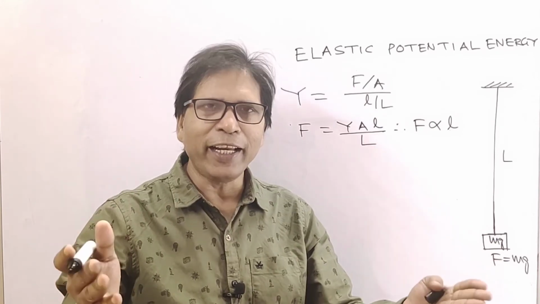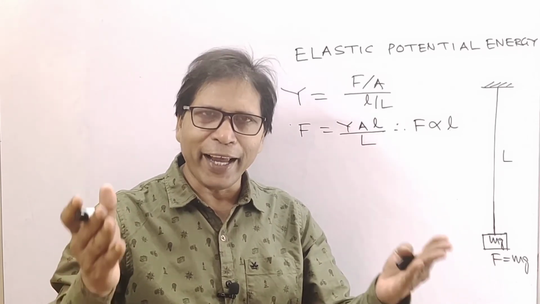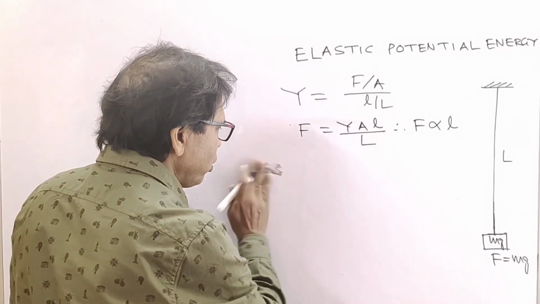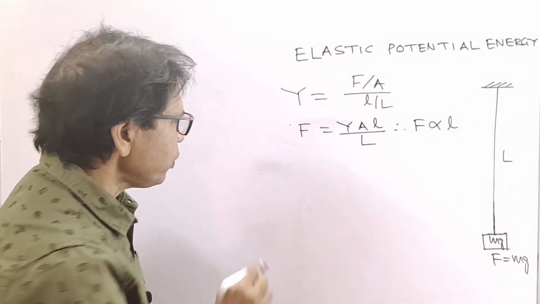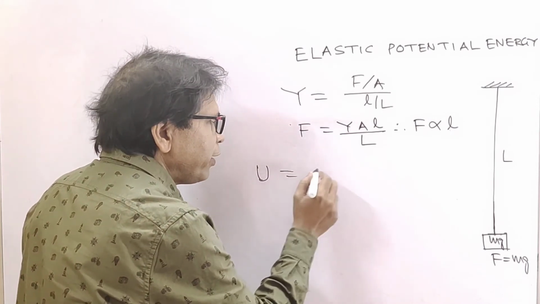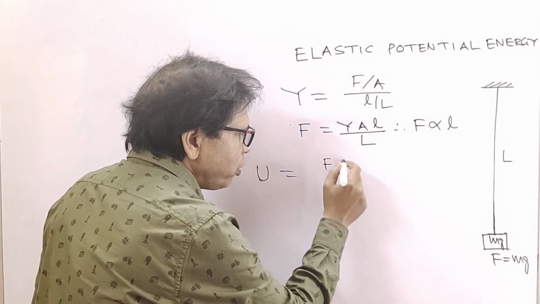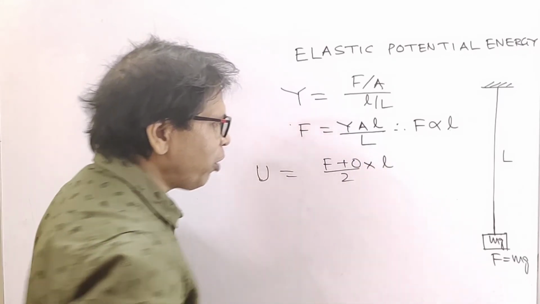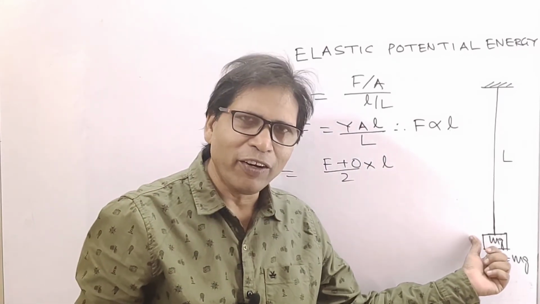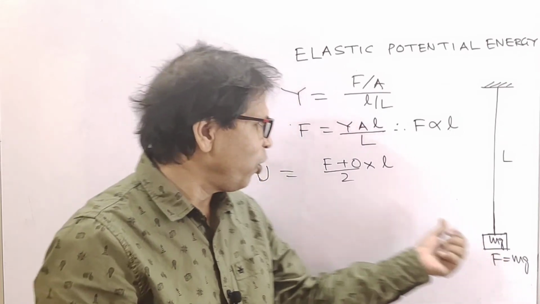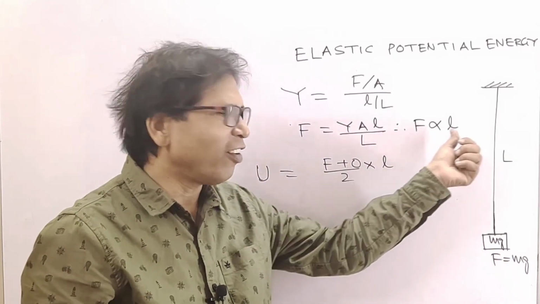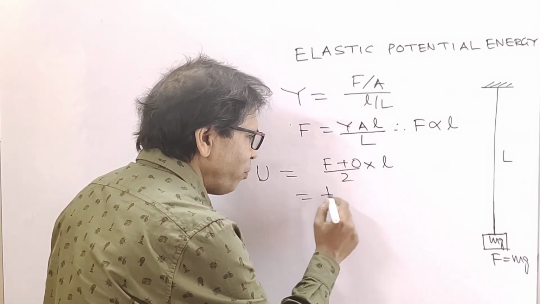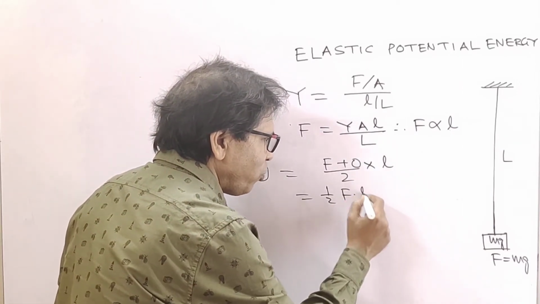Therefore the potential energy, or work done against the reaction force, W equals U equals average force into elongation, because when force is 0, elongation is 0, and when force is F, elongation is small l. So this is half into F into l.